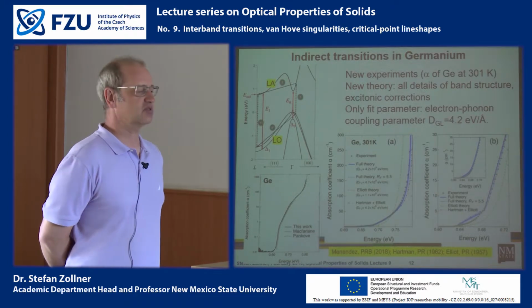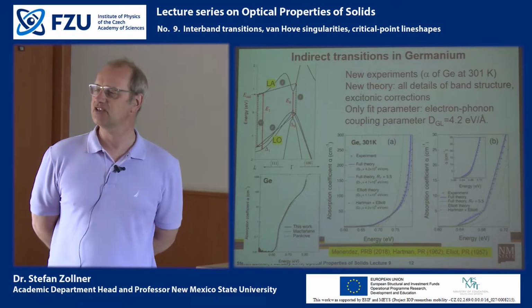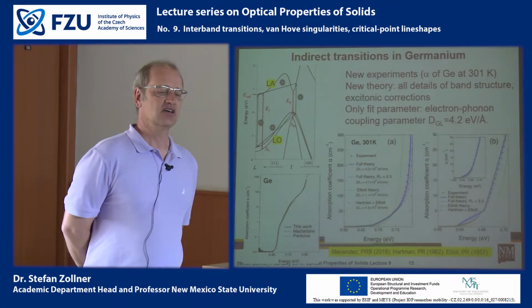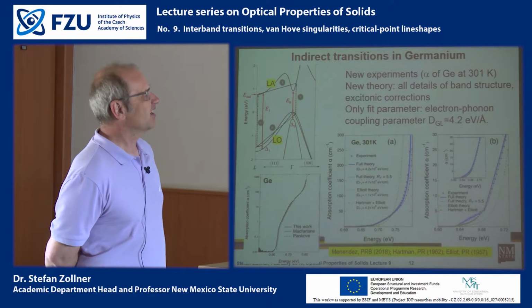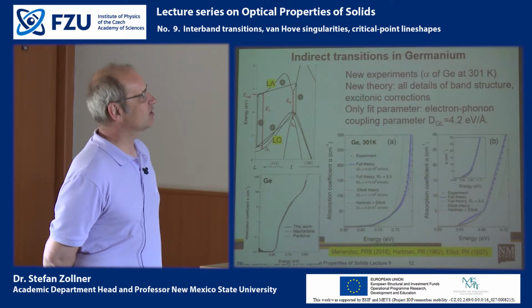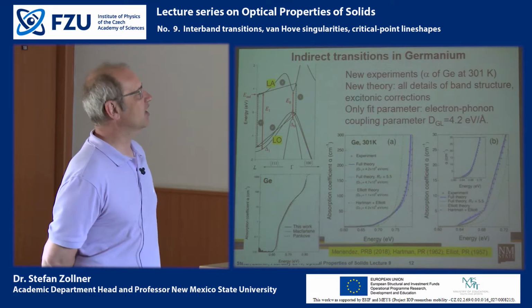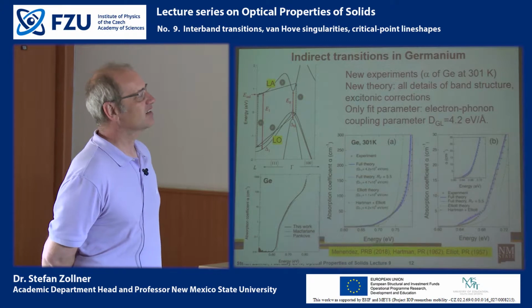But now with spectroscopic ellipsometry, we know what the dielectric function is for germanium, and therefore we can calculate the reflection losses much more accurately than back in the 60s. And therefore, the absorption coefficient can be measured much more accurately today than it was in the 60s.